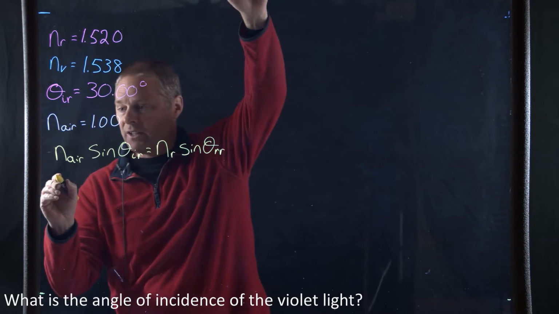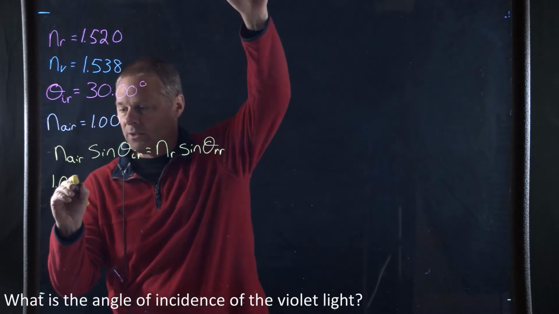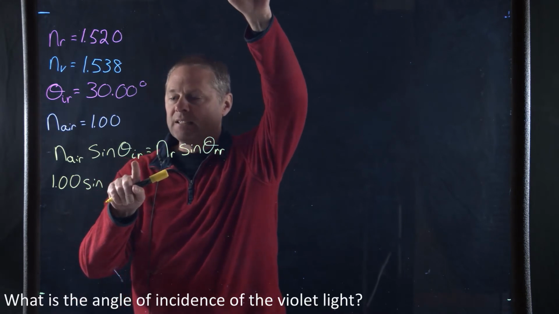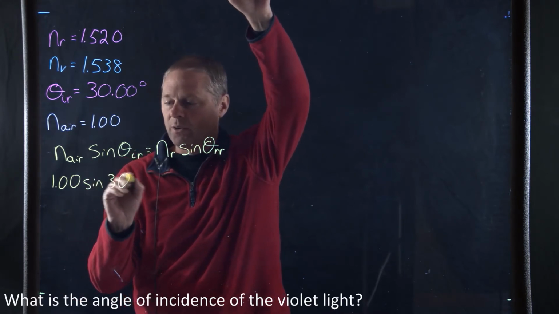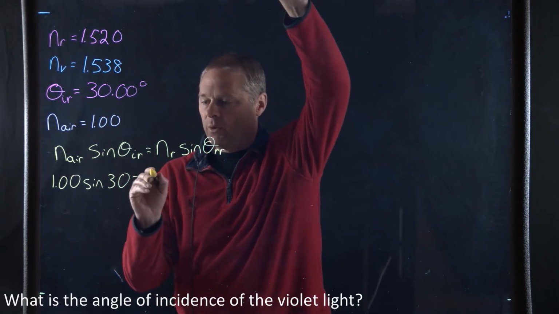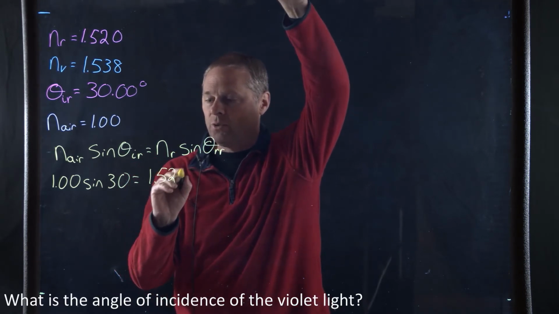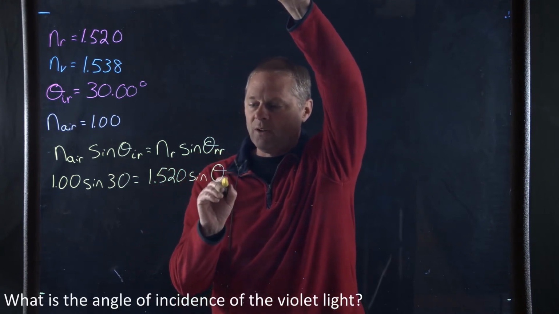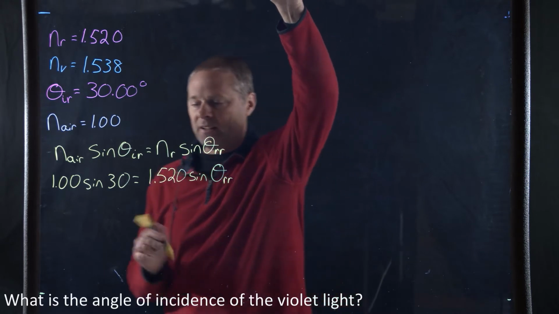Now the air is going to have an index of refraction of 1.00. The sine of the angle of incidence for the red light, 30 degrees, is equal to the index of refraction for the red light, which is 1.520, times the sine of the angle of red light that is refracted.